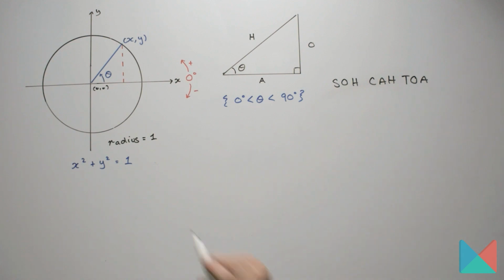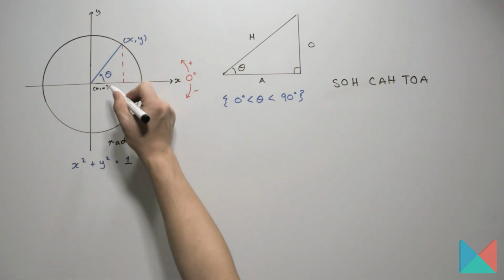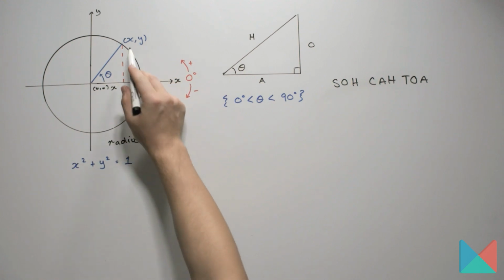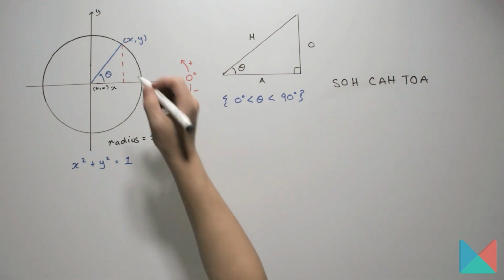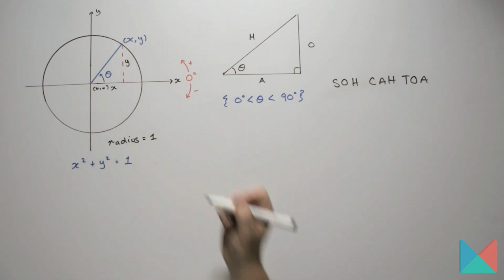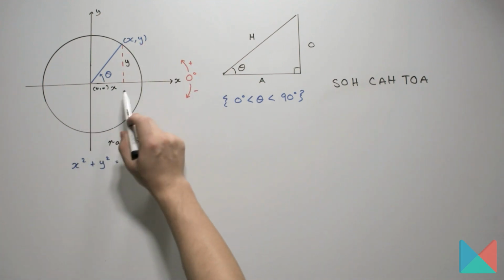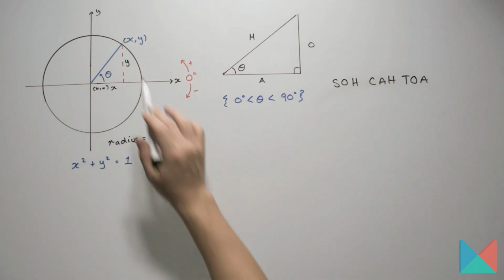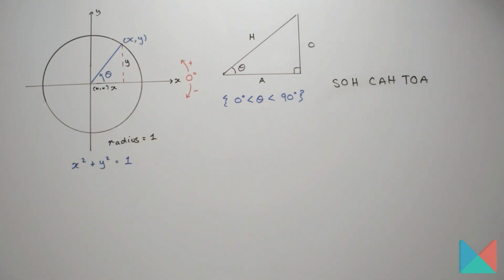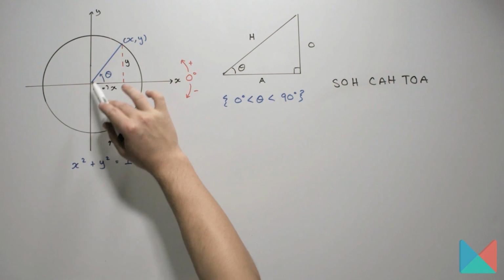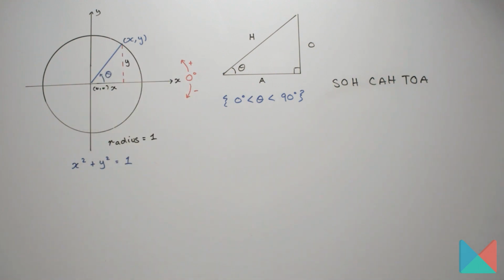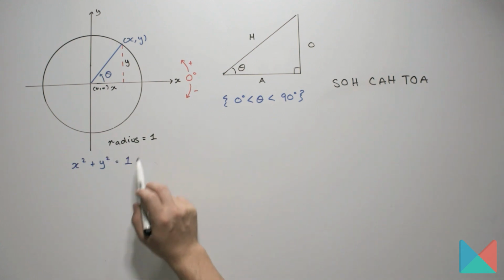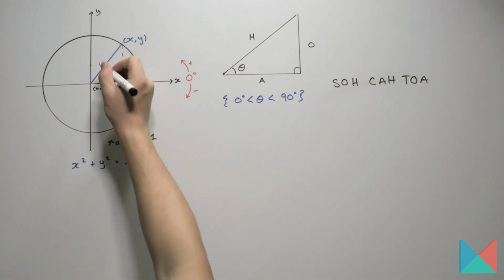So starting with our adjacent side, this will be of length x, being the x component of our coordinate, and the height of our triangle, our opposite side, will be of length y. So again, if we go right x and up y, we'll get to our x, y coordinate. And now for the hypotenuse of our right triangle, this is the radius of the unit circle. And remember, by the definition of the unit circle, the radius is equal to 1 unit.